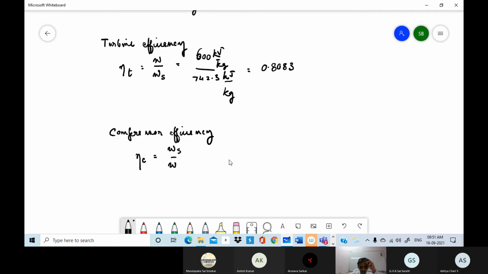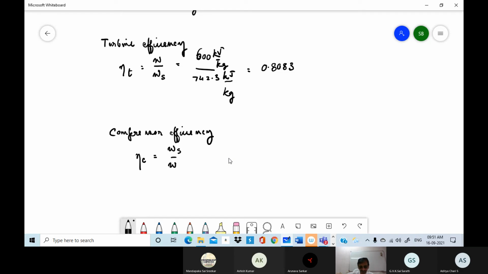So component wise, we have seen how we can use the second law of thermodynamics in order to predict, in the absence of irreversibilities, what would be the work output from a turbine or the velocity output from a nozzle.